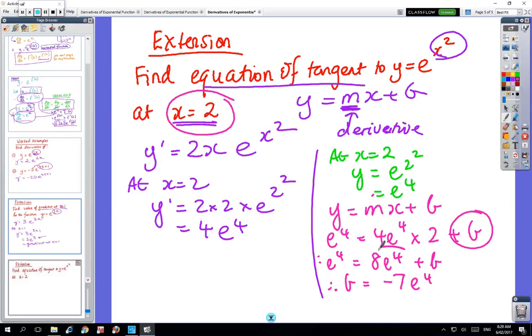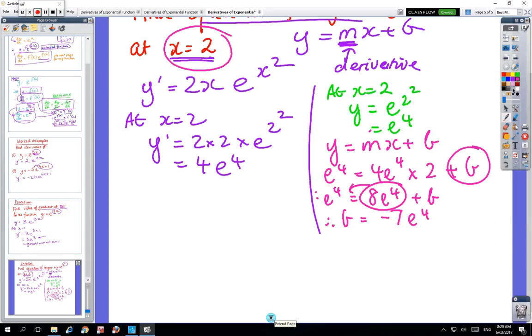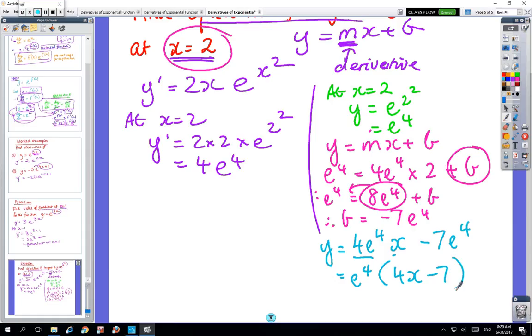That value just comes back by subtracting. And so your final answer is y equals 4e to the 4 x minus 7e to the 4. And that's your y equals mx plus b. And if you wanted to, you could factorize it to make it a little bit different. So e to the 4 is common: e to the 4 times (4x minus 7).